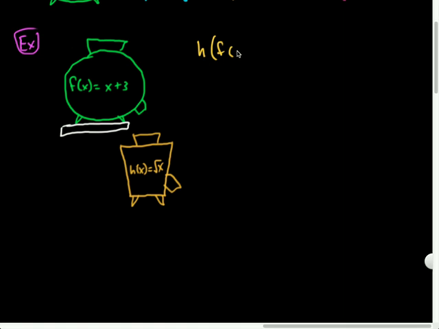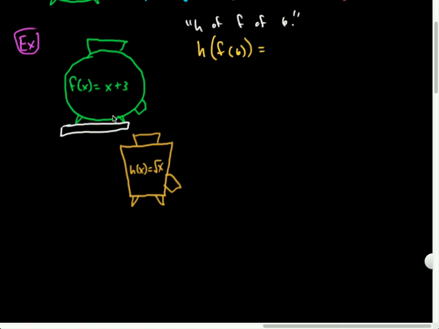Or actually, let's specifically do 6. This is read as h of f of 6. It's a lot of f's back to back. I could just throw an O there to have a nice pattern, but that's fine.